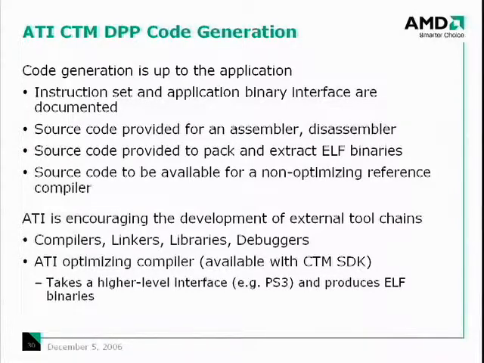The only thing is that it's opaque, because it contains some real intellectual property. So that's how you can actually program this thing at any level you want. We're trying to encourage people outside of ATI to do compilers and other kinds of things that you'll need to do this kind of programming, like debuggers, profilers, things like that.